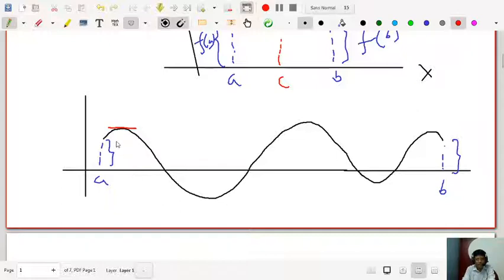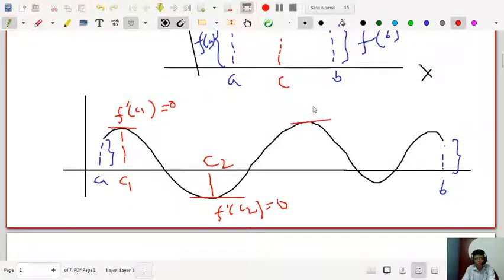This is your C1, say C1, where f dash C1 equal to 0, that is the tangent at that point is parallel to the x-axis. Another point C2 in the negative direction, so f dash C2 is 0, right?